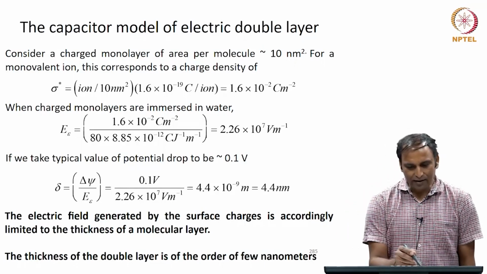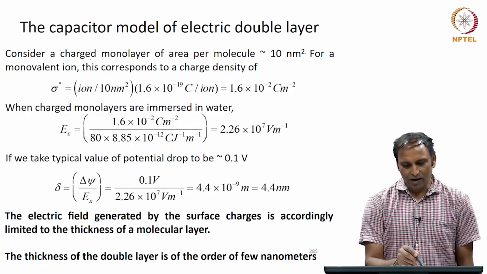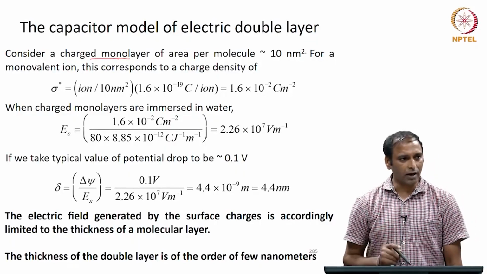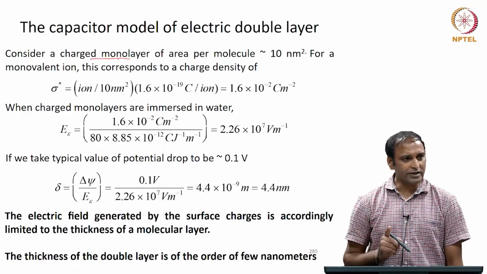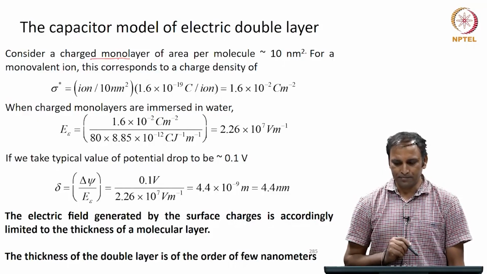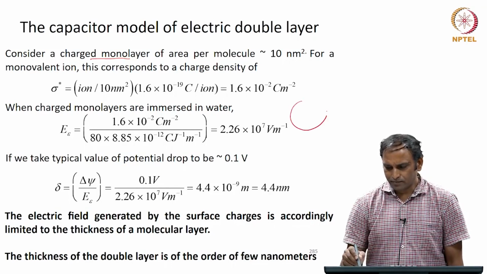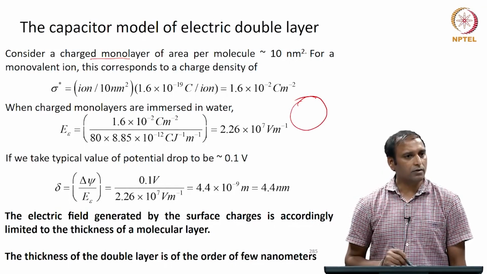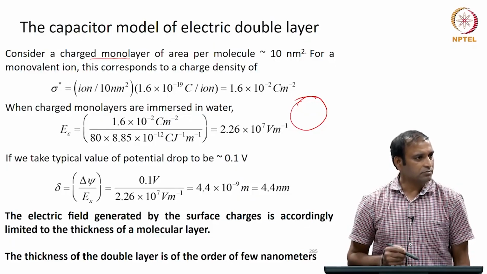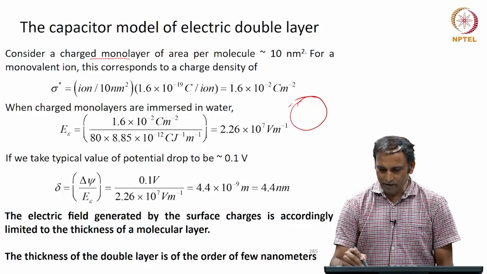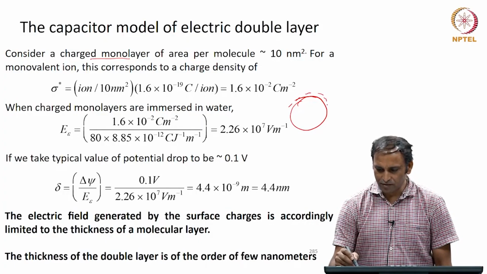So, if you take a case where I have a charged monolayer, charged monolayers are found in several places. You can imagine that I have a spherical particle, and say that I have charges on the surface.